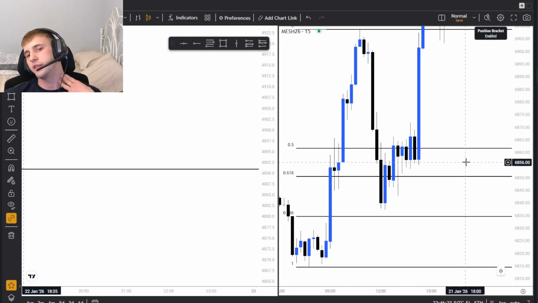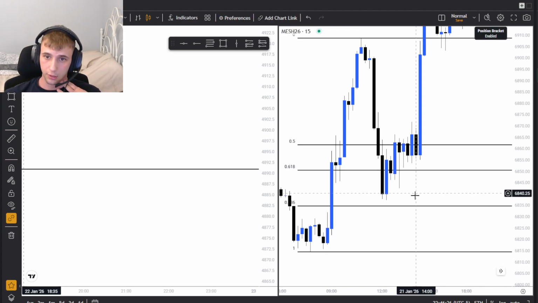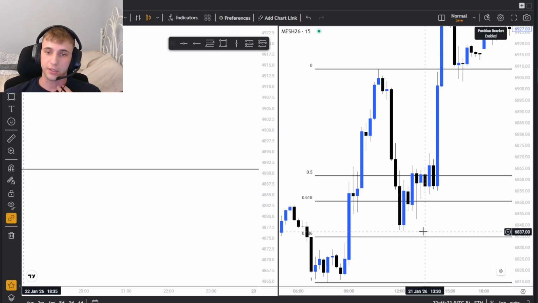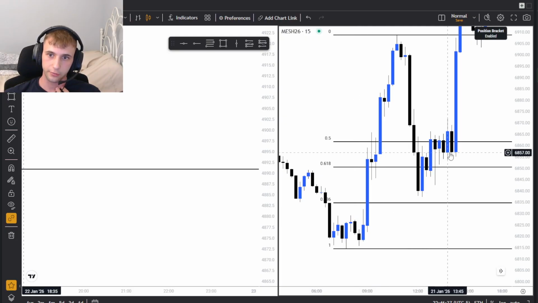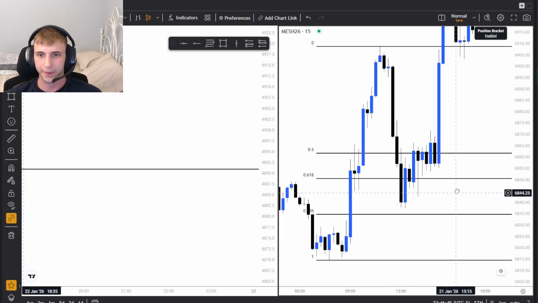Why? Because price is still relatively high, meaning we're still relatively bullish. And on top of that, we are still in a discounted area in terms of this move right here. Okay, the contract is on a discount, essentially. Think of it that way. Okay.